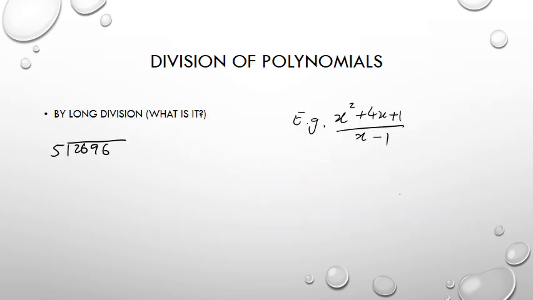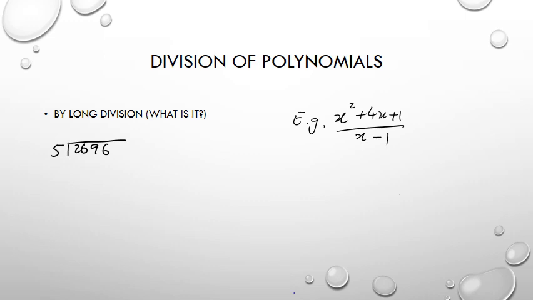Alright, now we're going to talk about doing division of polynomials by long division. In order for you to do long division of polynomials, you firstly need to understand what long division is. So I have an example on the left here.